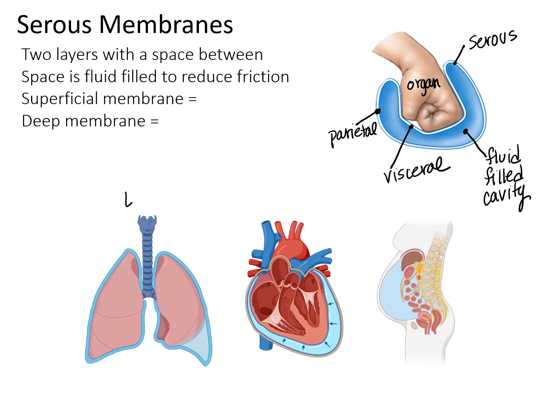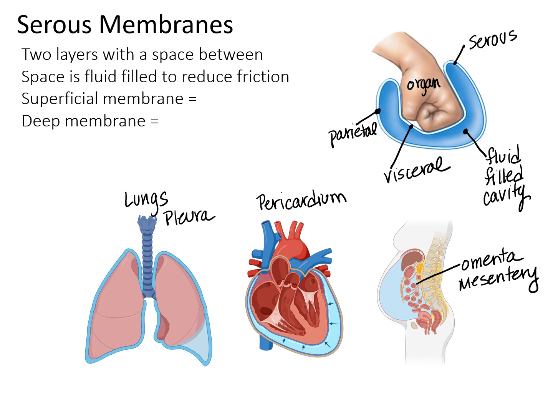Here we have the lungs, and they are actually submerged in a serous membrane called the pleura. Over here is the heart, and its serous membrane is called the pericardium. And we also have someone with ascites, because they're filled with fluid in their belly, but we also have the serous membranes that surround the digestive organs, which can have many different names like omenta and mesentery.